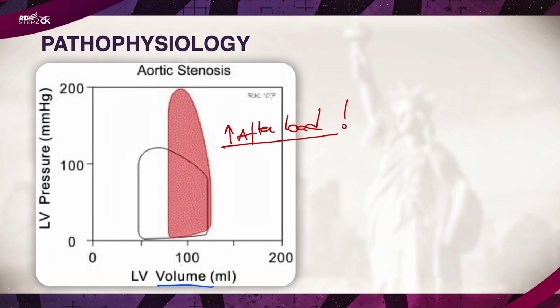Because of this stenosis, the curve is also narrow, which tells us the stroke volume is reduced. We're not ejecting much. That makes sense? And since so little blood leaves the ventricle, the end systolic volume, right here, is elevated, meaning more blood remains in the left ventricle after systole. So bottom line, tall and thin loop, aortic stenosis.